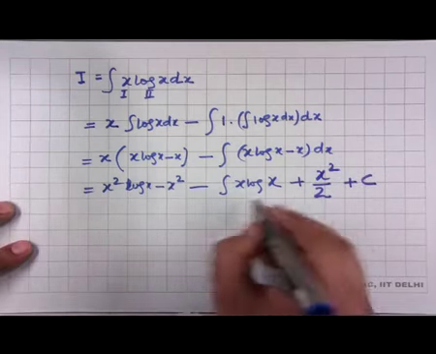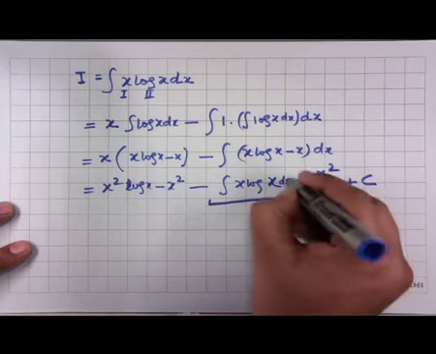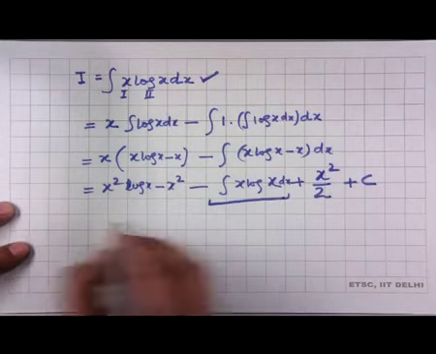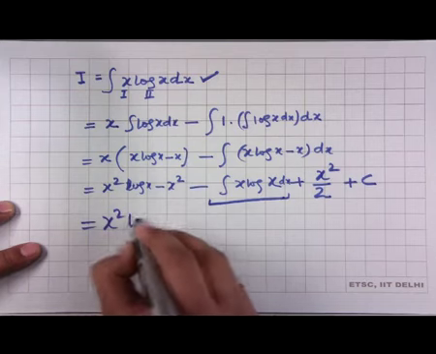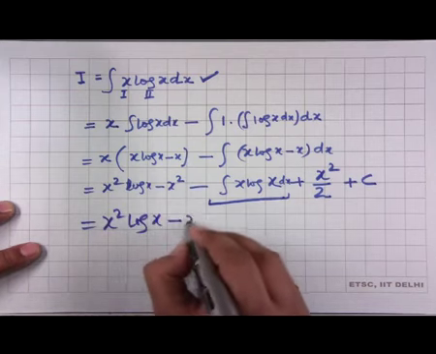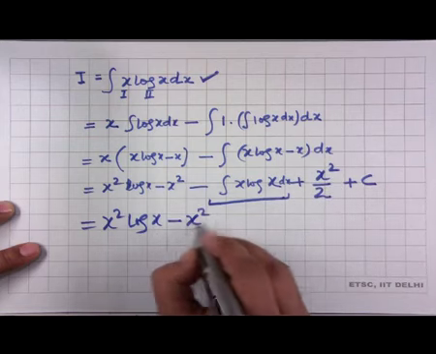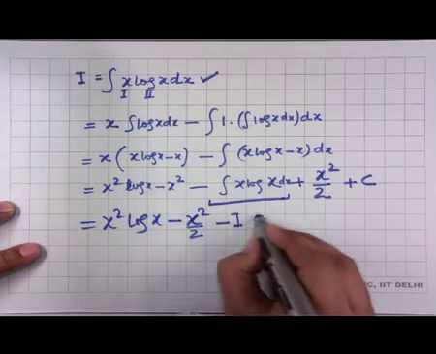Now, if you look at it clearly, this term, x log x dx, is nothing but our integrand itself, and therefore I can write it as I. So, I will get x square log x minus x square by 2 plus x square by 2, which will give me x square by 2, minus I plus c.